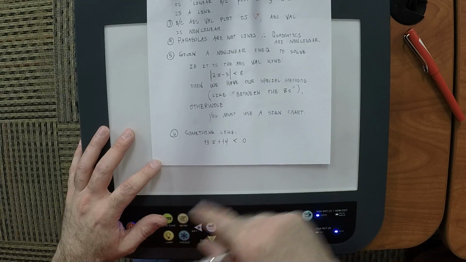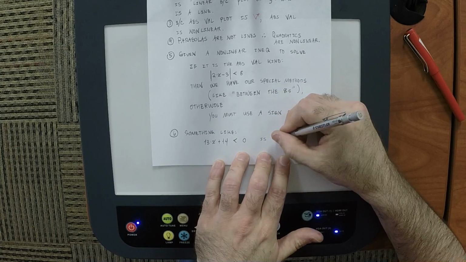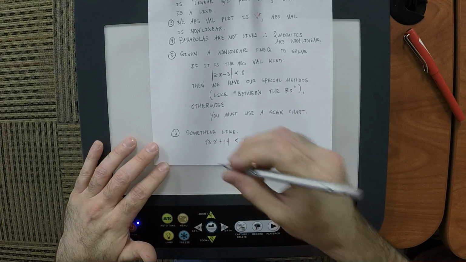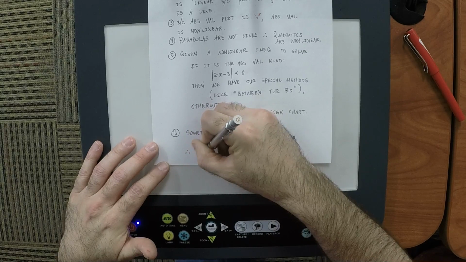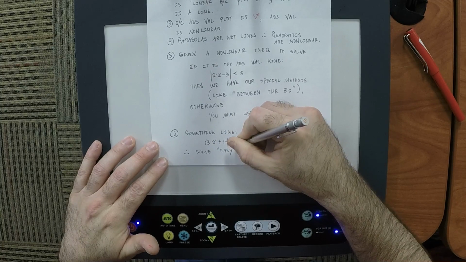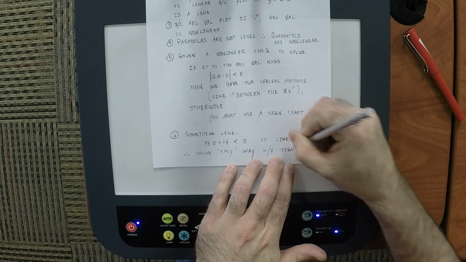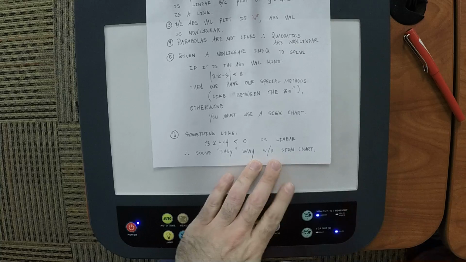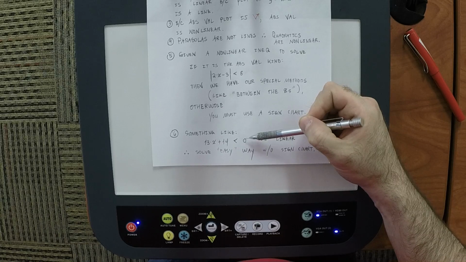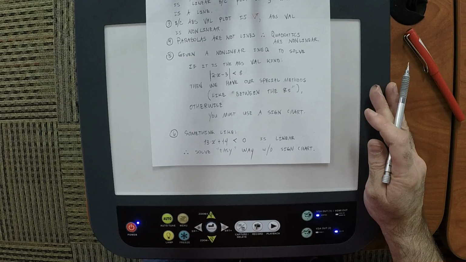Well, that's the kind you just do your normal stuff, right? So this is linear. You just solve it the easy way, without a sign chart. So now, strictly speaking, if you solved this one with a sign chart successfully, then you could have full credit for such an effort. I'm just saying that it's not necessary.